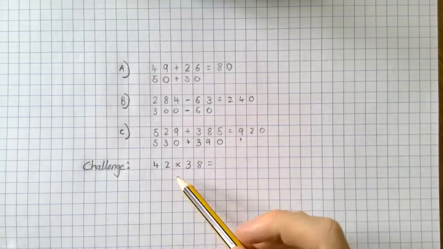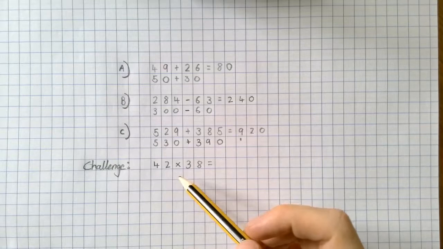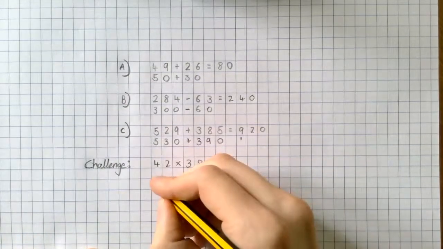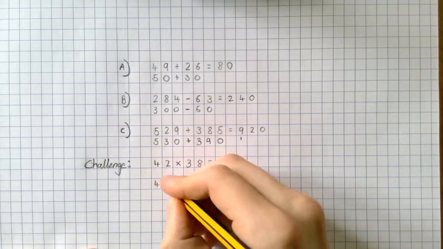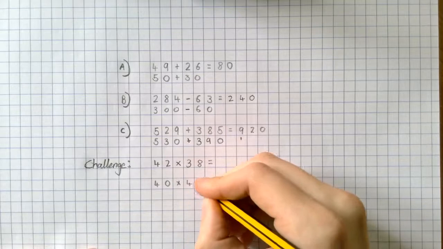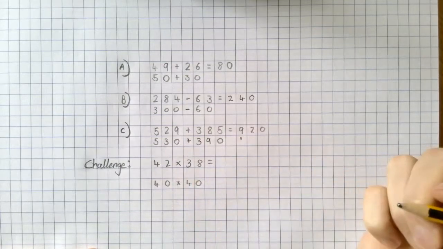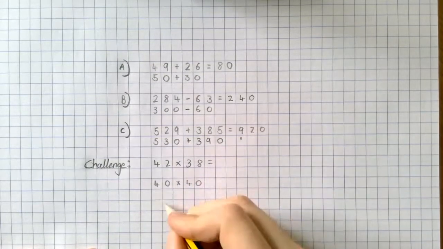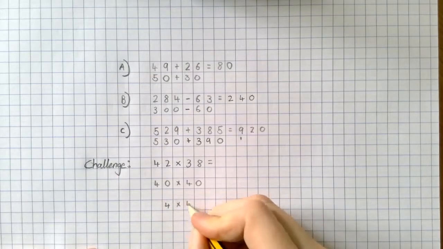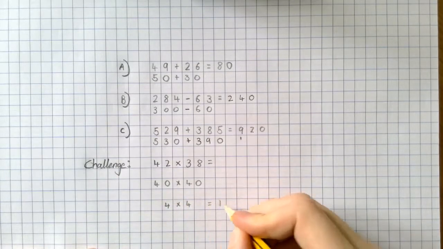Now for the challenge, because we can estimate even with multiplication, it is 40 times 40. That's what I would have chosen. And then just to make that even easier, and this is why it was a challenge, I'm going to use 4 times 4 to help me out, which is 16.